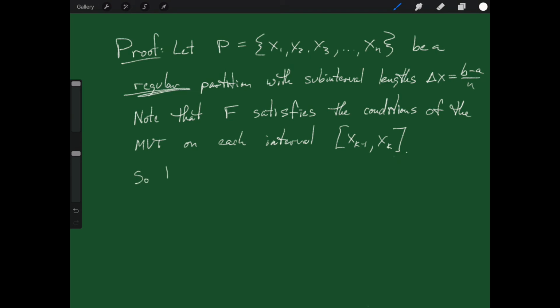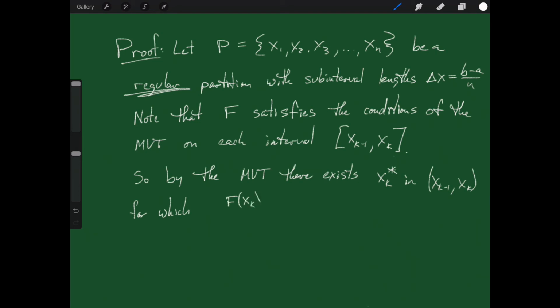So by the mean value theorem, we have that there exists, we'll call it x sub k star in x sub k minus 1 to x sub k, for which capital F of x sub k minus capital F of x sub k minus 1 over x sub k minus x sub k minus 1 is equal to f prime of x sub k star by the mean value theorem.